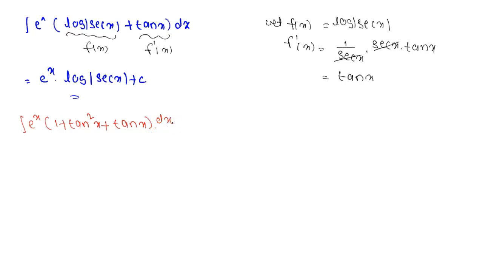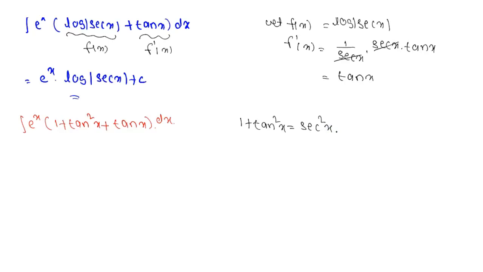This is the question. So here according to the trigonometric identity, we can write 1 plus tan square x as secant square x. 1 plus tan square x can be written as what?